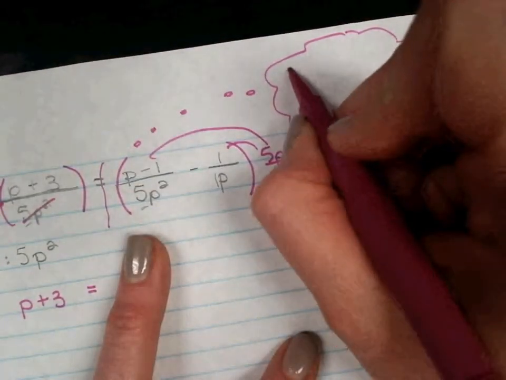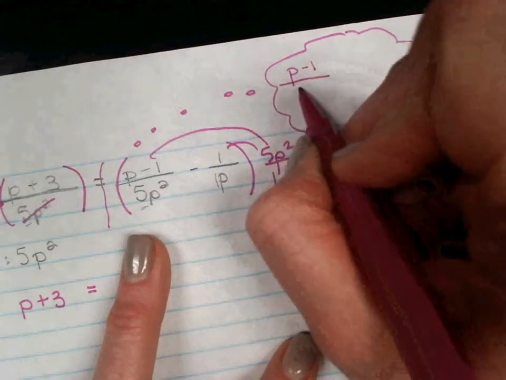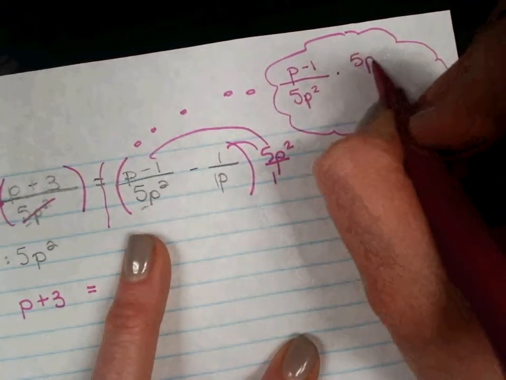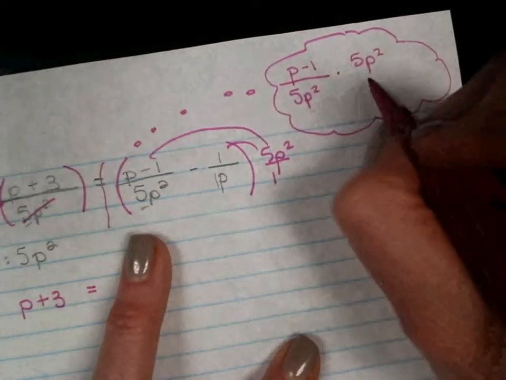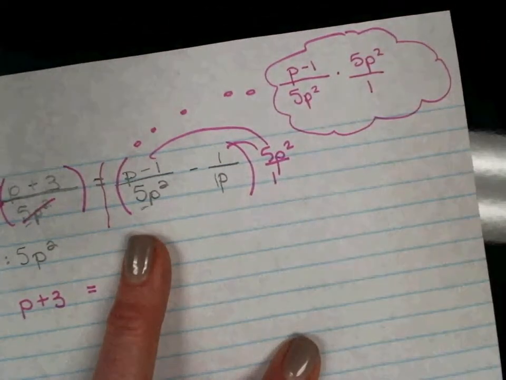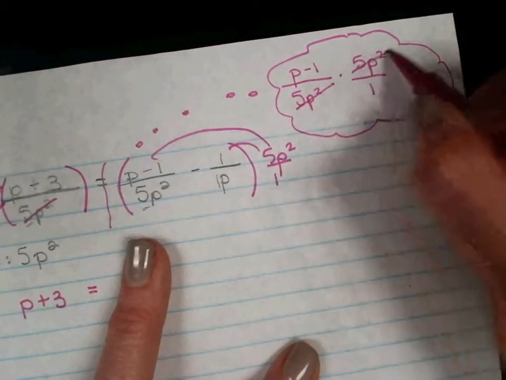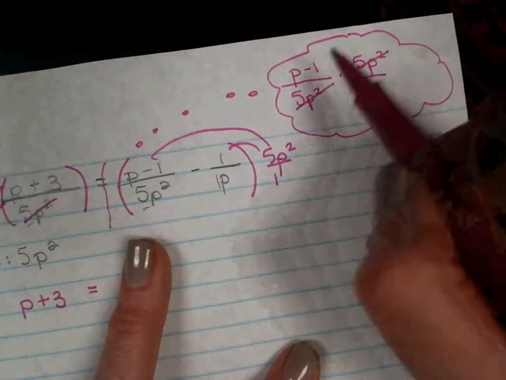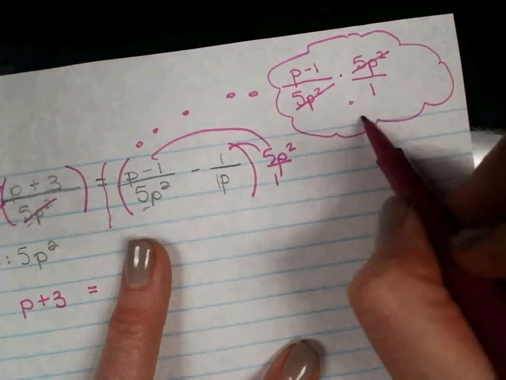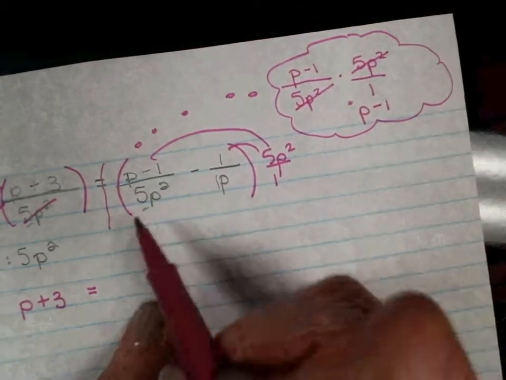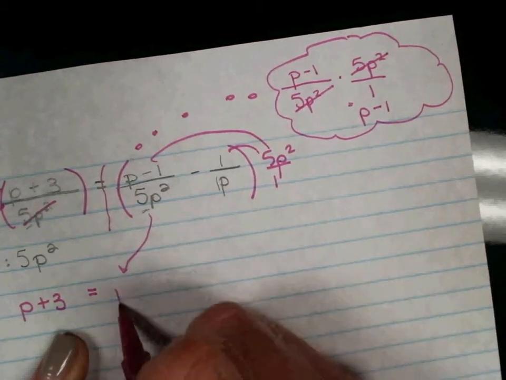This is going to look like p minus 1 over 5p squared times 5p squared over 1. Oh, now you see it. The 5p squareds cancel out. I'm left with just p minus 1. And that's what's going to go here, the p minus 1.